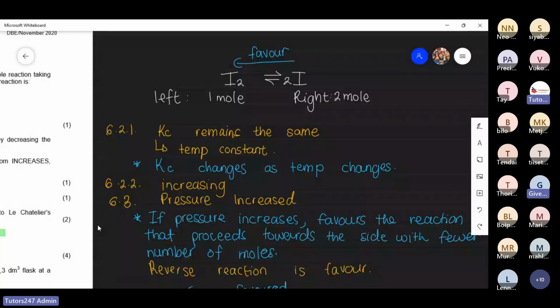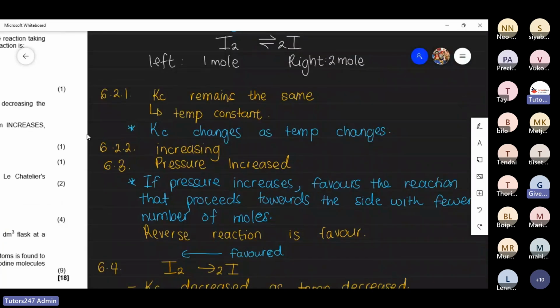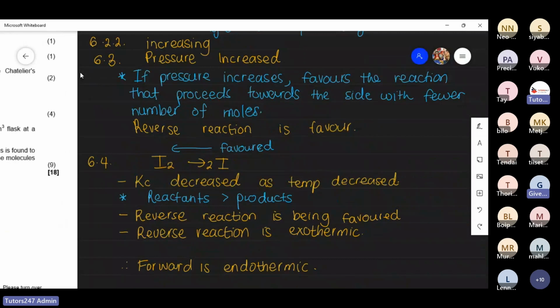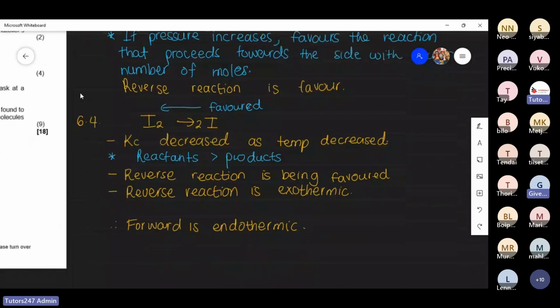So far we know that the reverse reaction is being favored, and we know that temperature has decreased. So how do we link a decrease in temperature and favoring the reverse reaction? Let's read our rules once more. We've previously stated that a decrease in temperature favors the exothermic reaction. And we've already discussed that the reverse reaction is being favored.